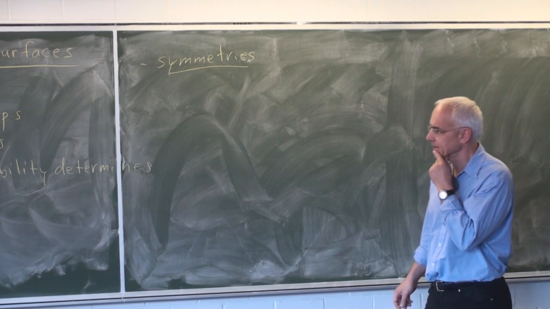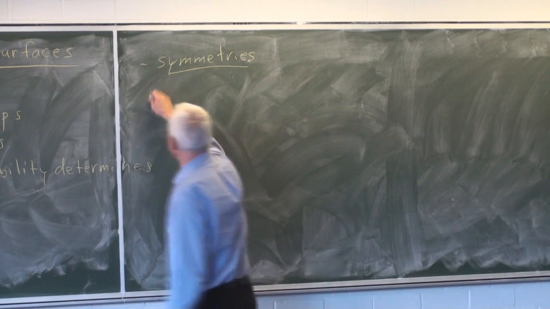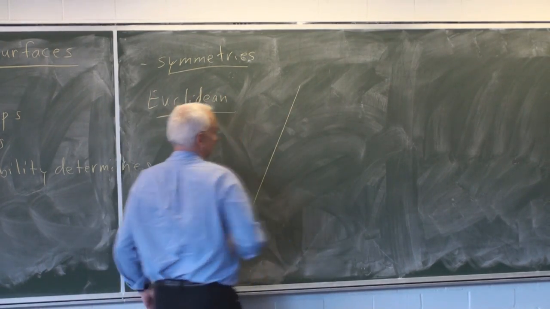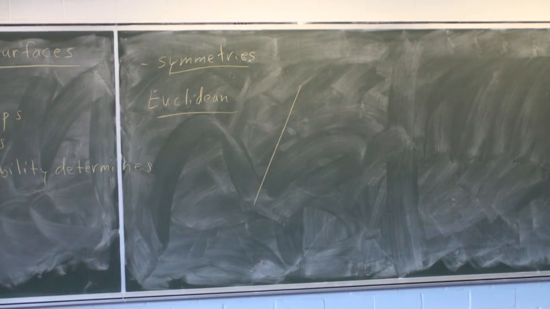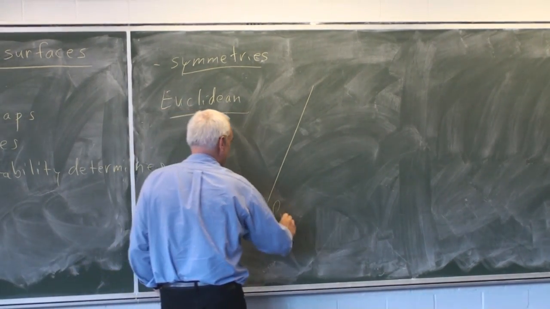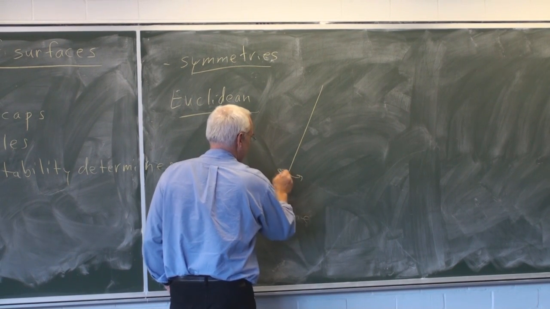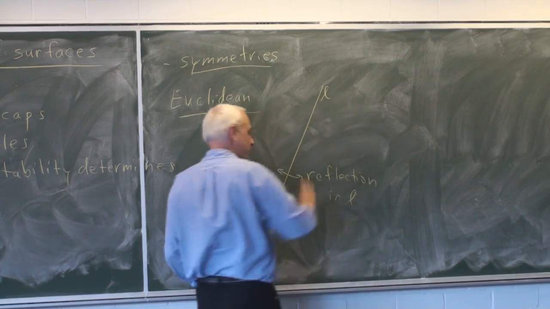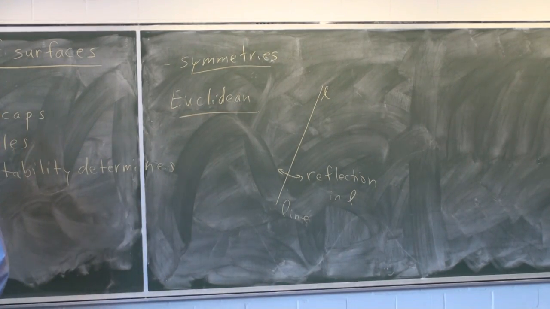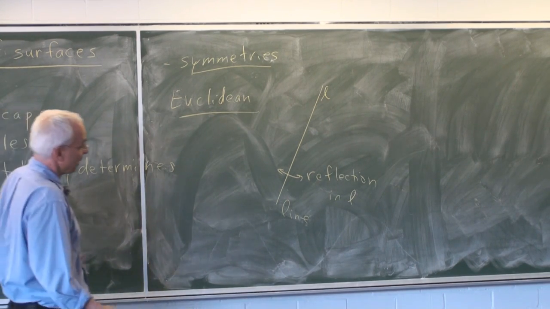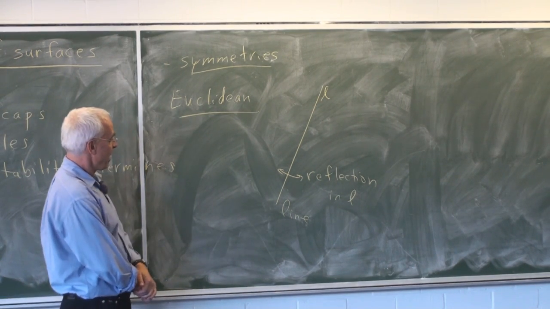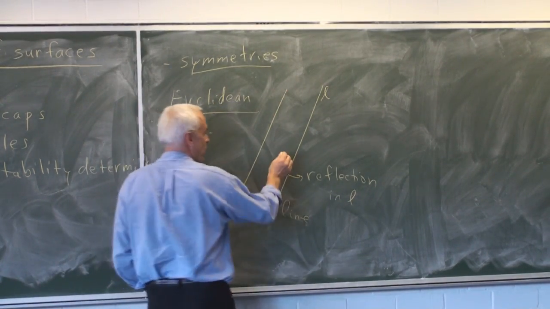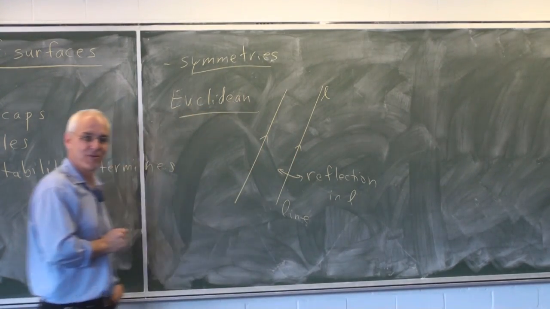So let us do that, and let's start with Euclidean geometry, just a very quick review. So Euclidean planar geometry is a theory whose symmetries can be built up from reflections in lines. So there's a line, and we have an idea of reflection in the line L. And if you know what reflections are, then essentially you can build up the Euclidean geometry in a reasonable way, because first of all, translations are what you get when you combine two parallel reflections.